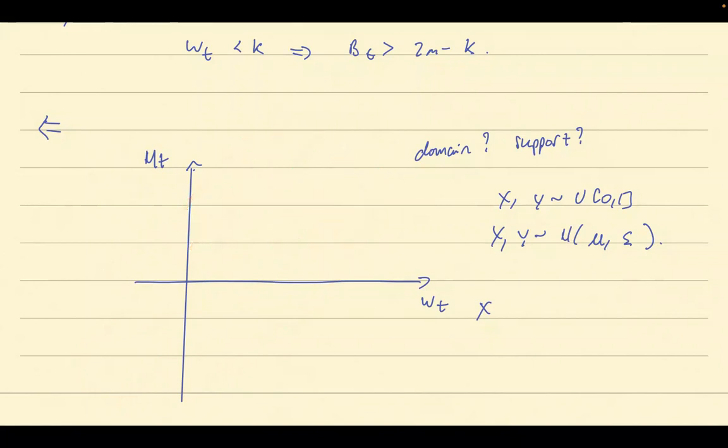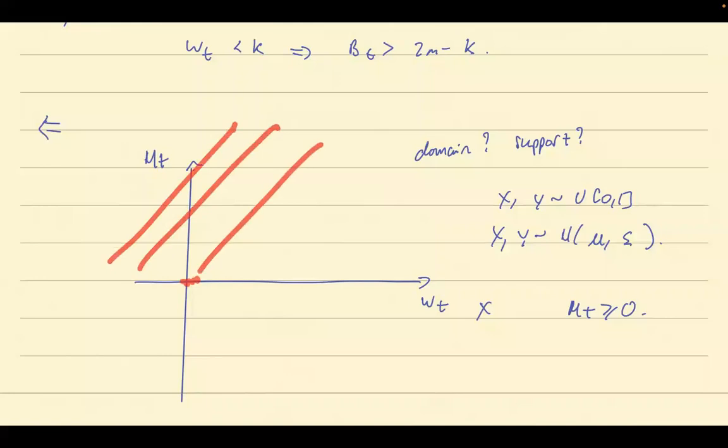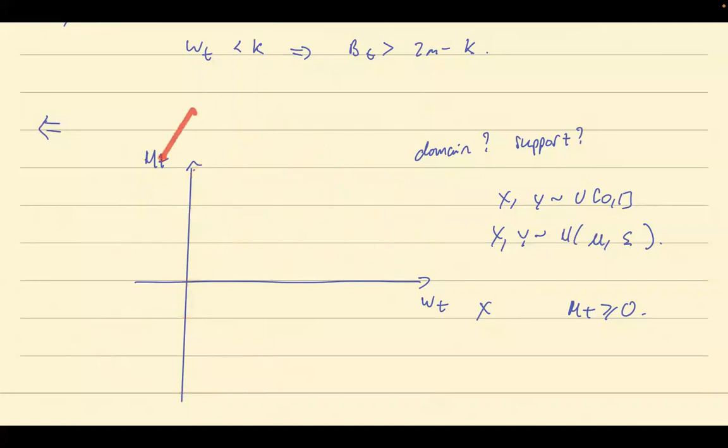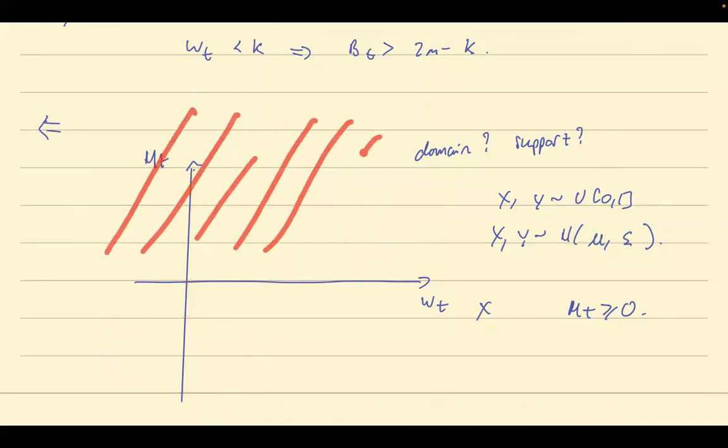Exactly. Very good. So MT itself is always positive. That's excellent. Why? Because it's a running max of the Brownian motion, and Brownian motion is 0 at 0. So MT can never drop below 0. Very good. So it cannot be below 0. But is that it? Is it the whole positive y-axis?